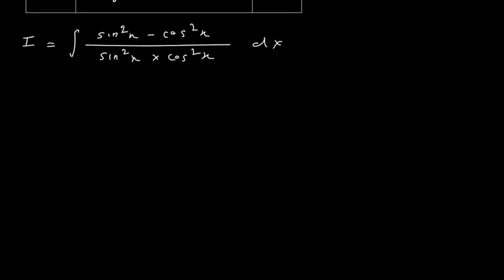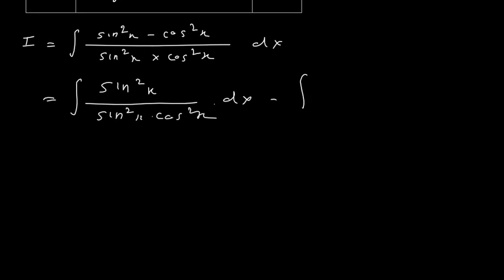Okay, what we do here, we will split them. So here I will get sin square x divided by sin square x cos square x into dx minus here I have cos square x upon sin square x cos square x.